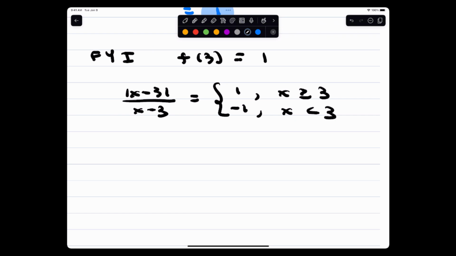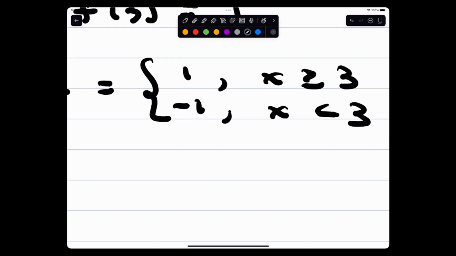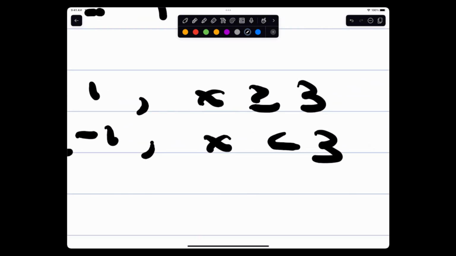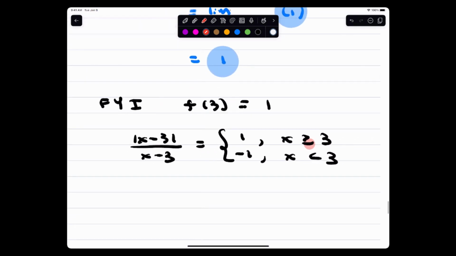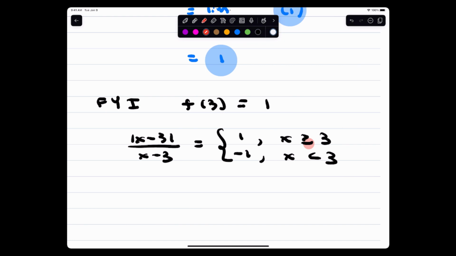This is really the function. You guys really want to know why? It comes down to the definition of a piecewise function, because that's greater than or equal. That's not strictly greater than. So the limit does not exist around 3, but the value of the function does equal 1.